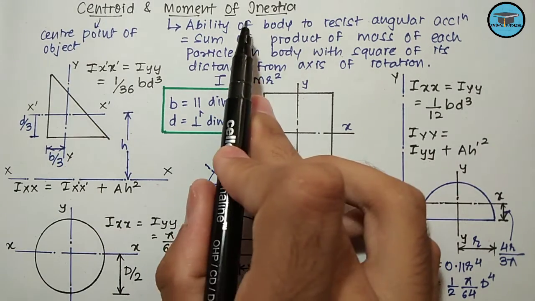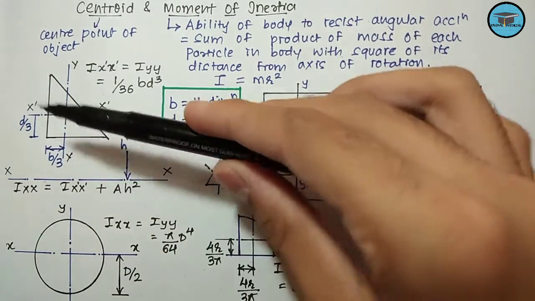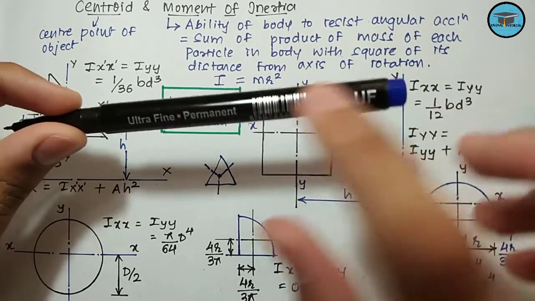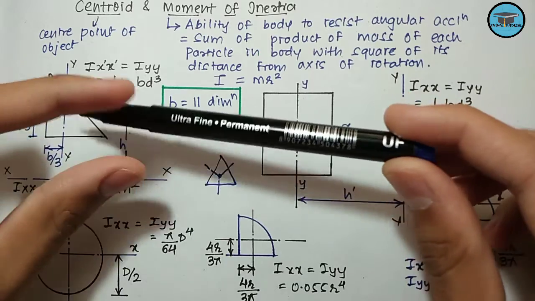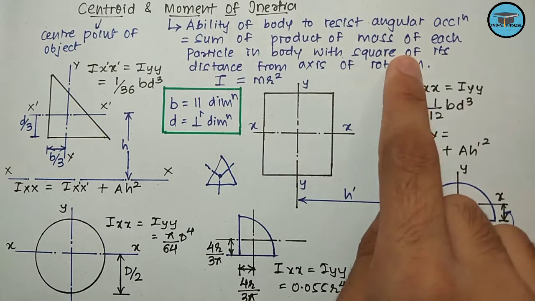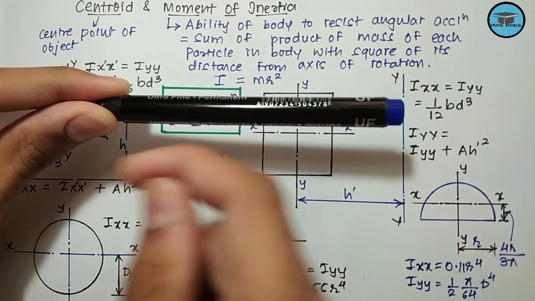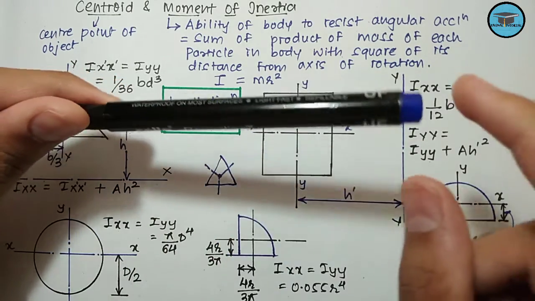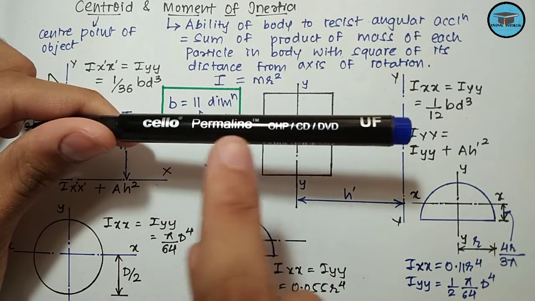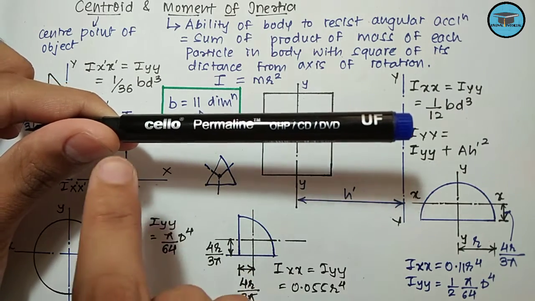Now, the moment of inertia is the ability of an object to resist angular acceleration. If this body is rotating about this axis, then the moment of inertia is the ability of the body to resist angular acceleration, and it is the sum of the product of the mass of each particle in the body with the square of its distance from the axis of rotation. Means if the horizontal axis is the axis of rotation for this body, then the moment of inertia is the sum of the product of the mass of each particle, this particle, this particle, in the body with the square of the distance from the axis of rotation.